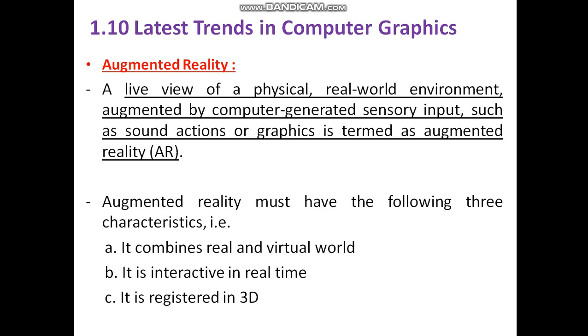VR replaces your vision and augmented reality adds to it. AR devices like the Microsoft HoloLens and various enterprise-level smart glasses are transparent, letting you see everything in front of you as if you are wearing a big pair of sunglasses.